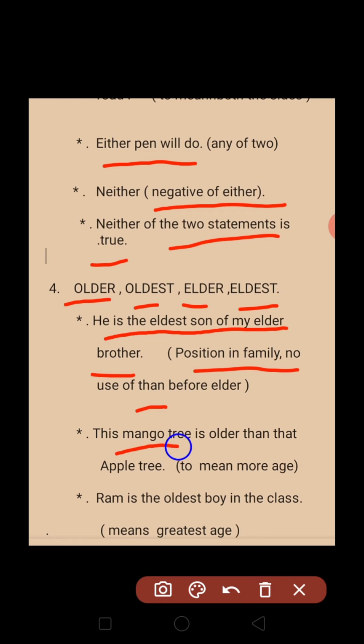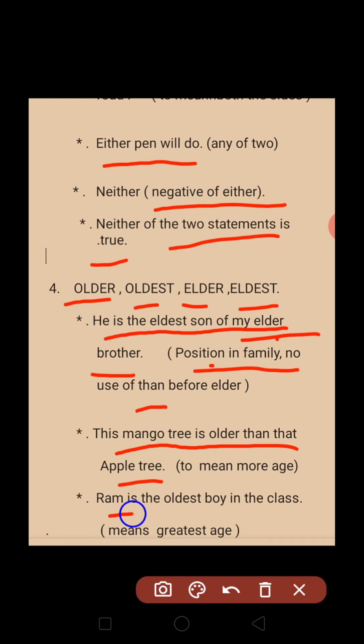This mango tree is older than that apple tree. So here it means more age between these two. But elder and eldest are used in a family relationship.